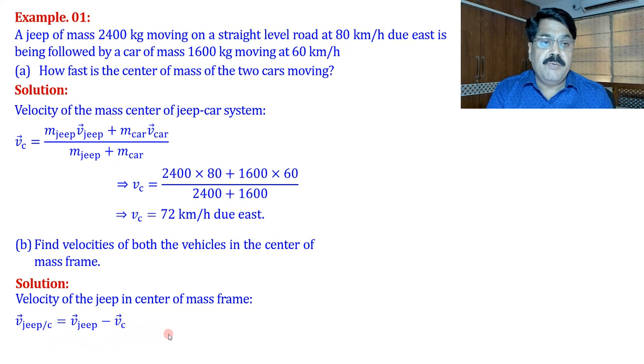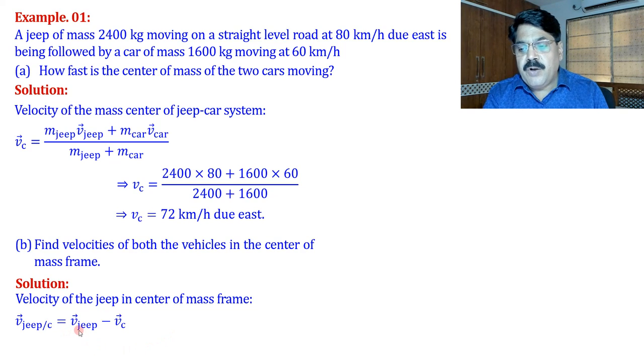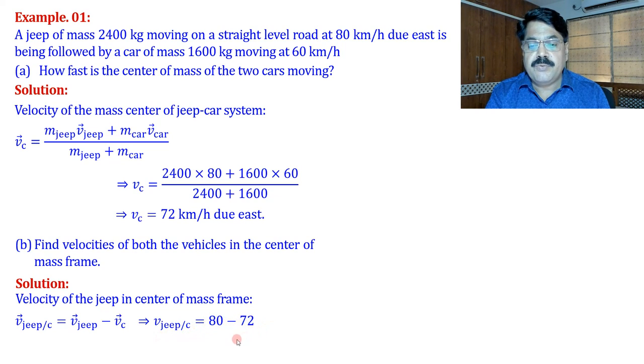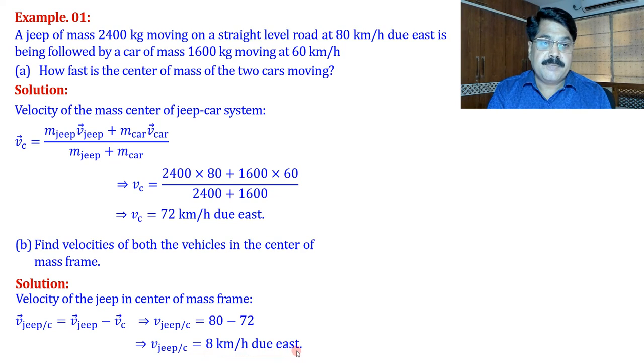While substituting values, we can see it is a one-dimensional motion, and we assume east to be positive and west to be negative. Velocity of jeep is 80 due east, so it will be positive. Velocity of center of mass is 72 due east, so it will be positive. So velocity of jeep with respect to c is 80 minus 72, that is 8 km per hour. It is coming positive, so it will be towards east.